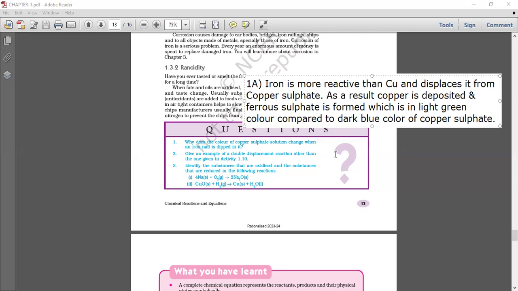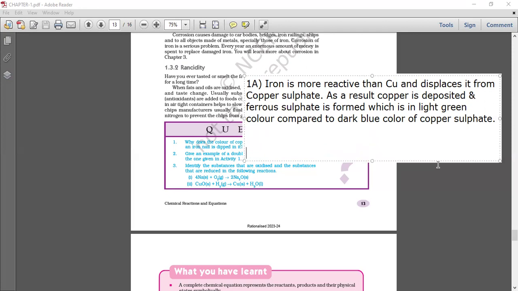And also give an example of a double displacement reaction other than the one given in Activity 1.10. So he's asking you to give another double displacement reaction.